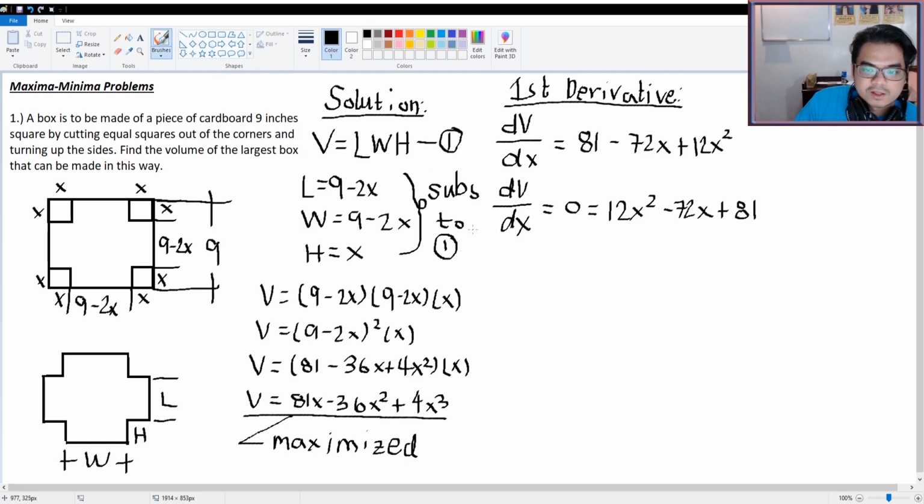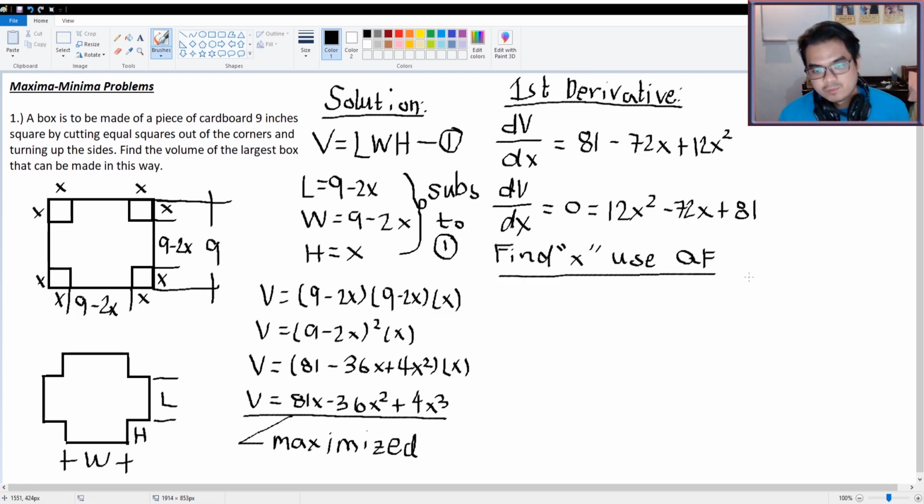So how will you find x? Since that is a quadratic equation, you can use the quadratic formula, QF. Of course, since it is a quadratic equation, you'll have two values of x.